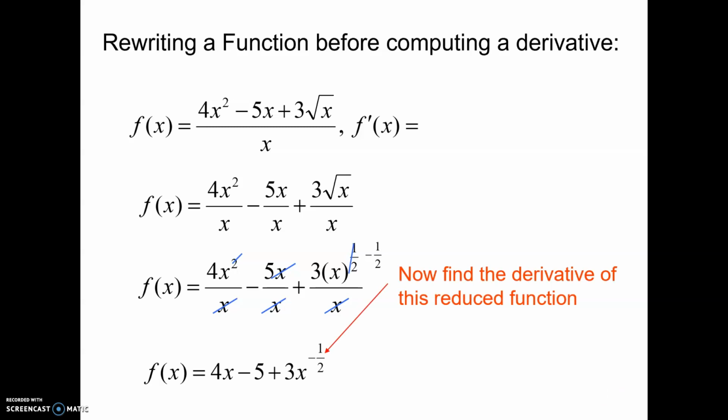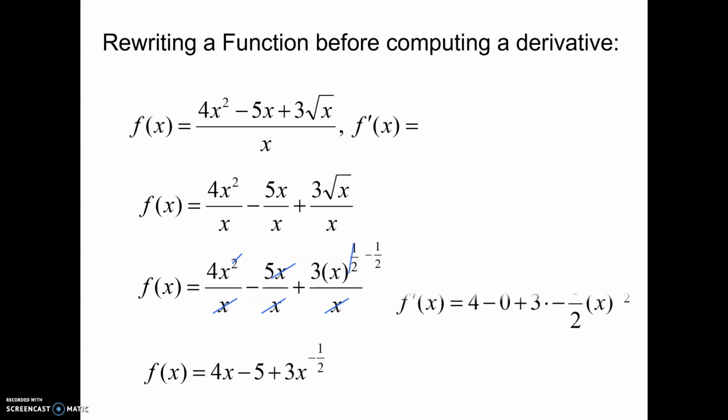So now we're going to find the derivative of this reduced function, and the derivative is equal to 4 minus 0 plus 3 times negative 1/2 times x to the negative 3/2, or 4 minus 3/2 x to the negative 3/2. When we have a monomial denominator, this is sometimes the easiest way to take a derivative.